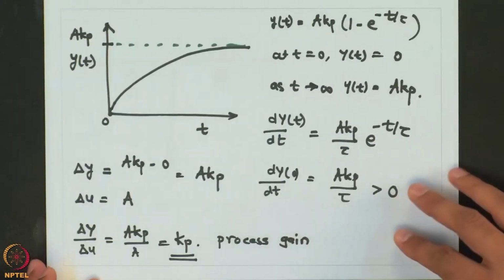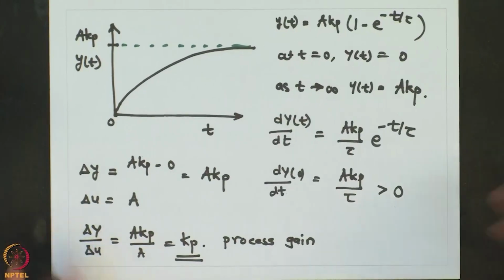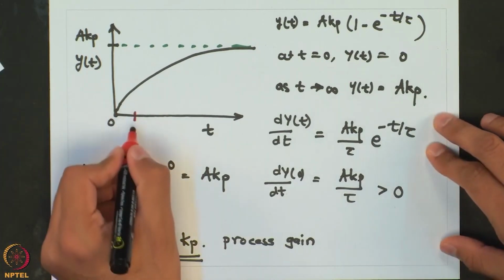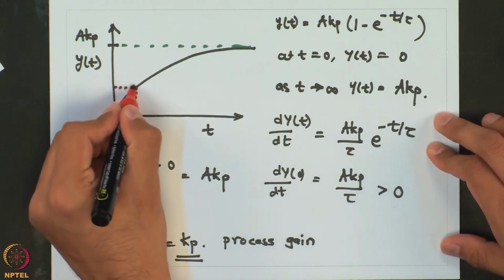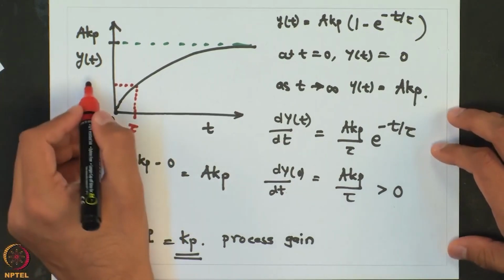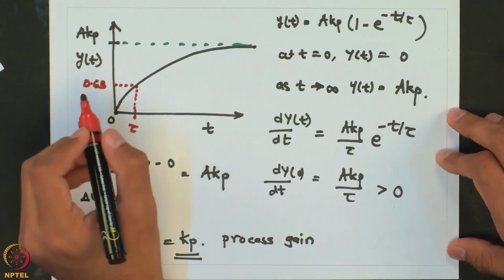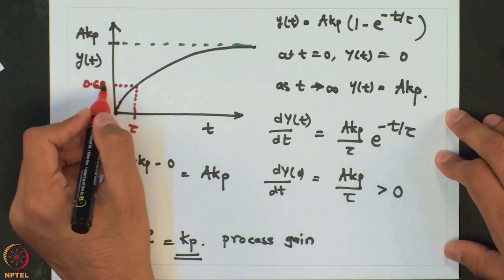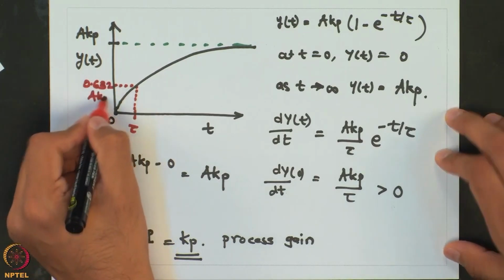if we go back to the previous slide, take time equal to tau and find out the response, that response will come out to be 0.632 times AKP.